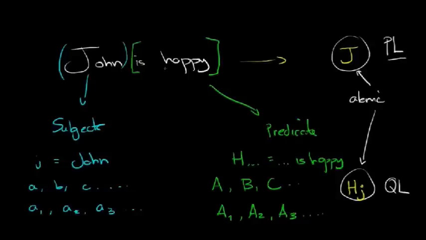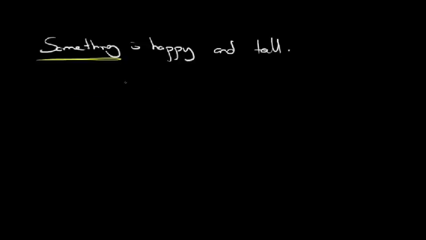Notice that this sentence, John is happy, presuming that John does refer to just one individual, can only be made true by John being happy, whereas something is happy and tall could be made true by a number of different things. So we're not going to want a normal subject letter to represent something. We're going to need something slightly different, and to translate this, we're going to need quantifiers and variables.